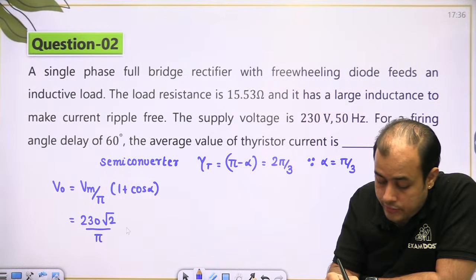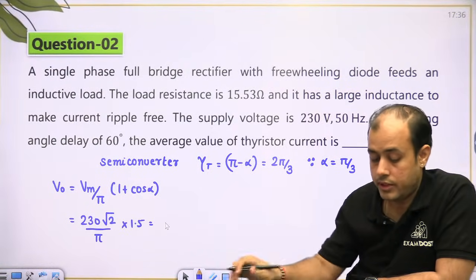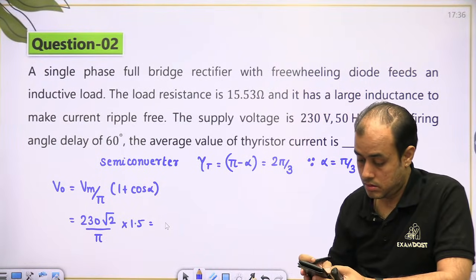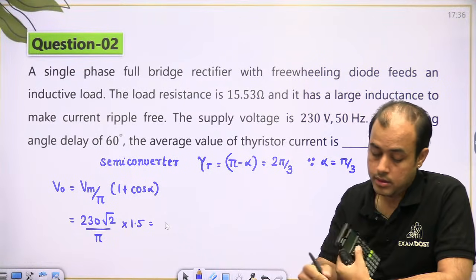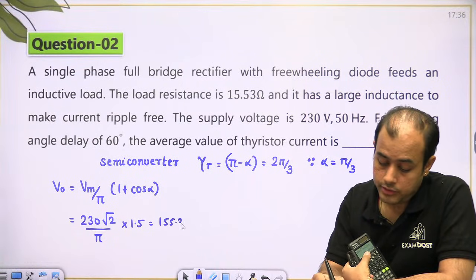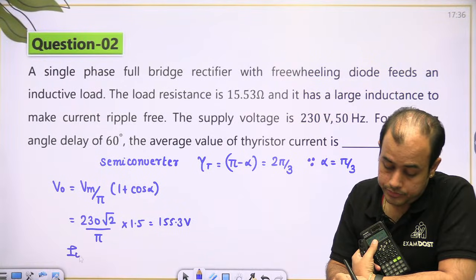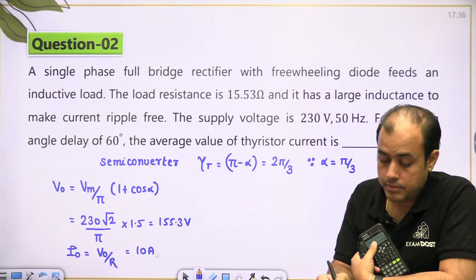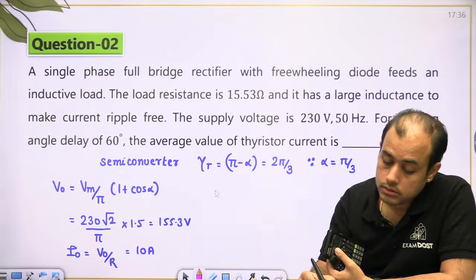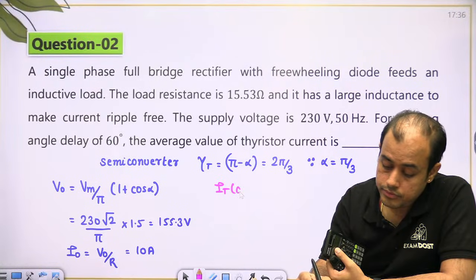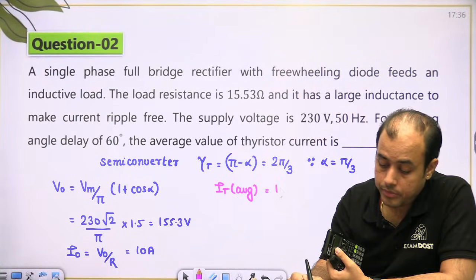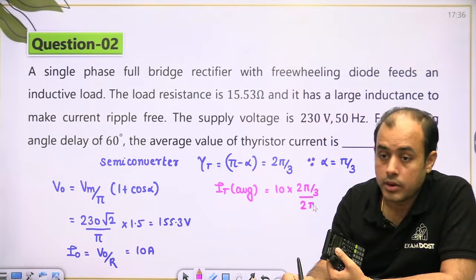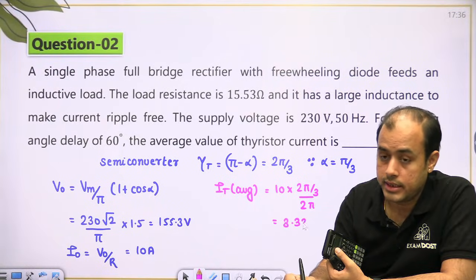Cos pi by 3 is 0.5. So 1.5. 155.3 volt. So it will be 3.33.